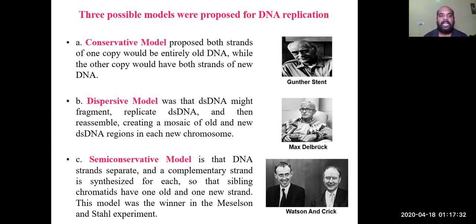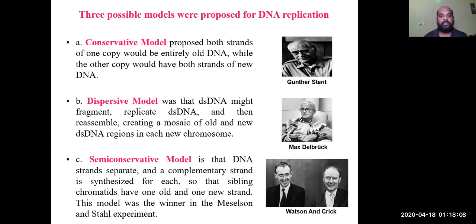It says that one copy would be entirely of DNA that is old and the other would be totally new. It means the parent DNA would always stay intact together and the new DNA would be together. The second model was given by Delbruck, the dispersive model, and it says that DNA would break into fragments, those fragments would make complementary DNA strands, and at the end everything would ligate and form DNA.